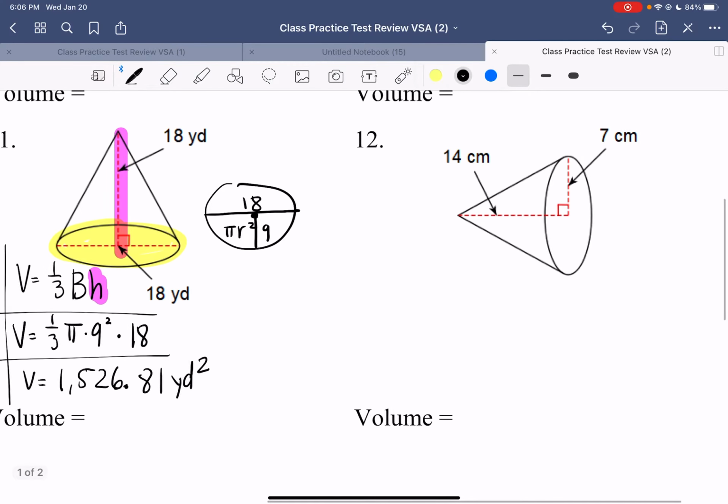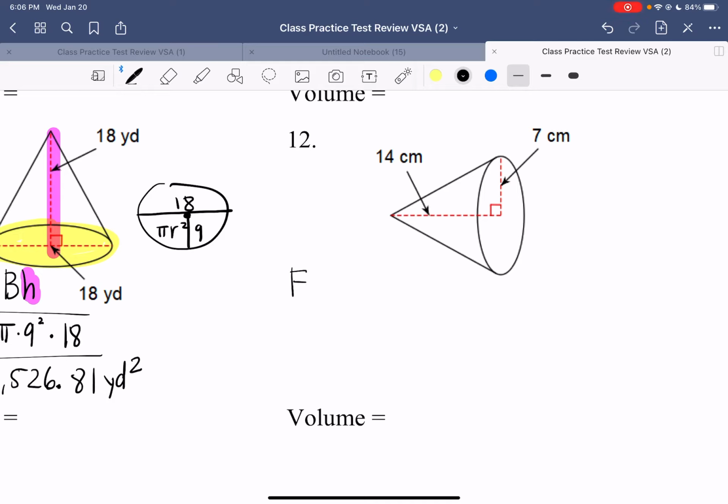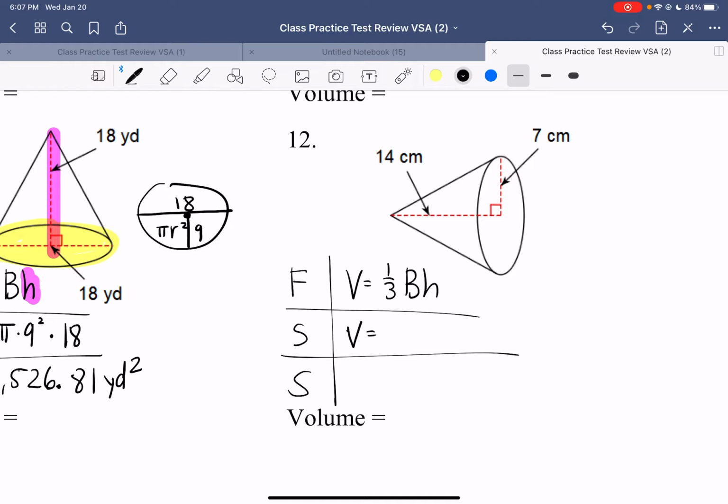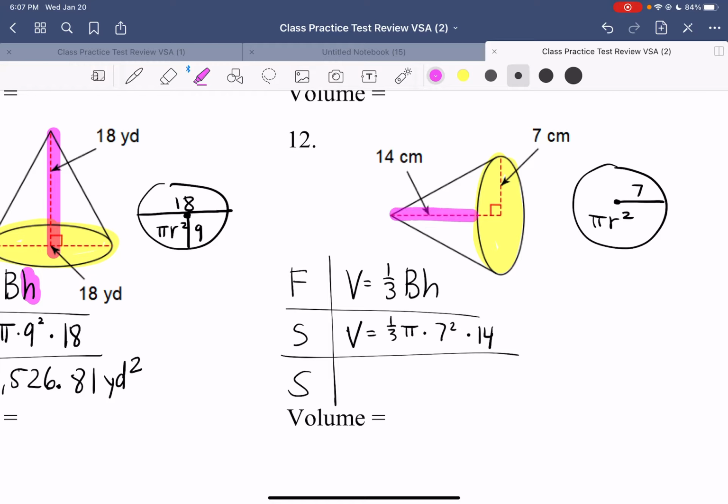Number 12, we have another volume, so we have formula, substitute, solve. We have V equals 1/3 capital BH, and remembering that here's our base, redraw the base, we have a radius of 7, so pi radius squared is going to be what big B is. So we'll go 1/3 times pi times 7 squared times the height, which is 14, and that's this height here, 14.